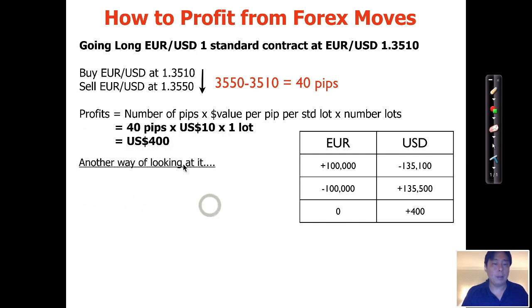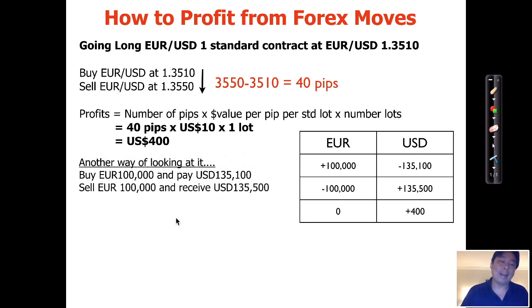Another way of looking at it is that I'm buying 100,000 euros and paying $135,100 for those 100,000 euros.